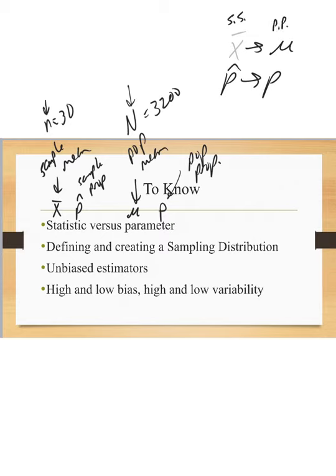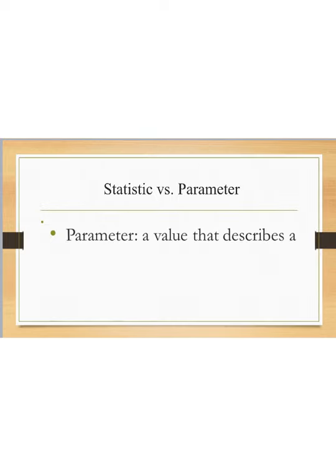So we need to look at defining and creating a sampling distribution. Need to look at what unbiased estimators are, and then what high and low bias, high and low variability is. So we'll jump to all those. So again, a parameter is a value that describes a population.